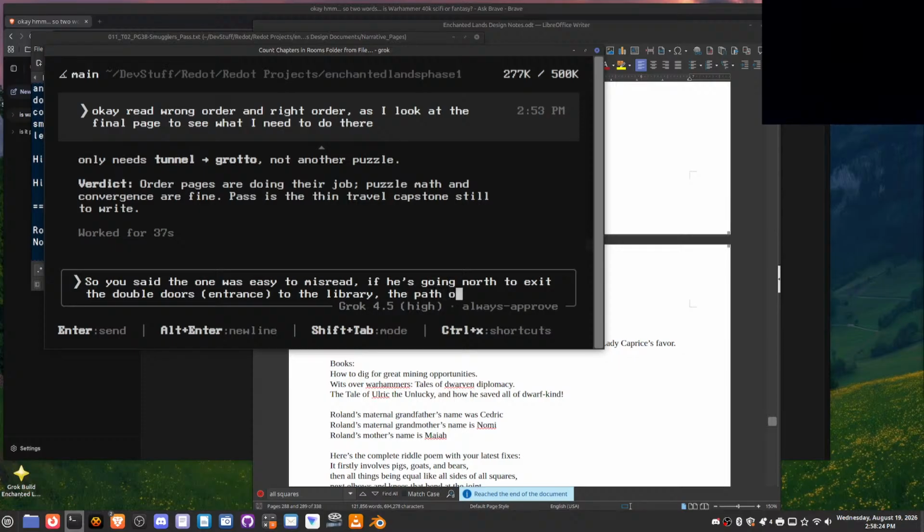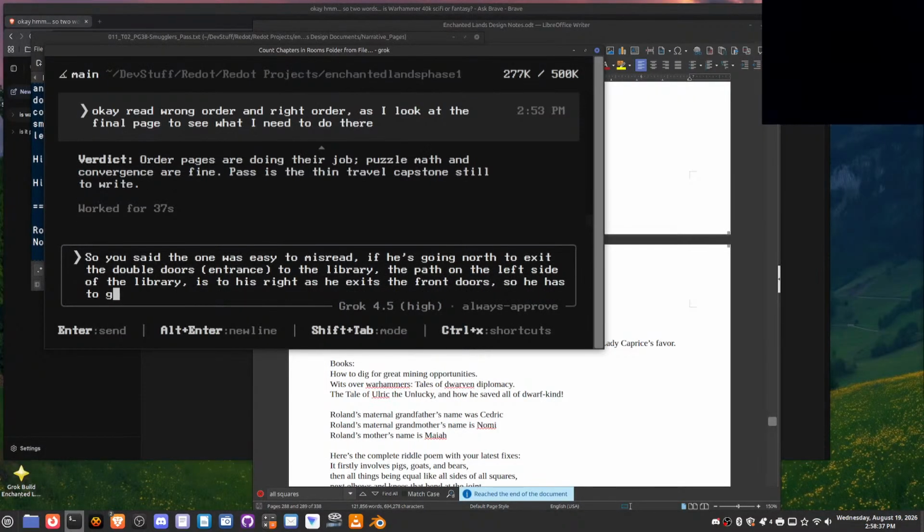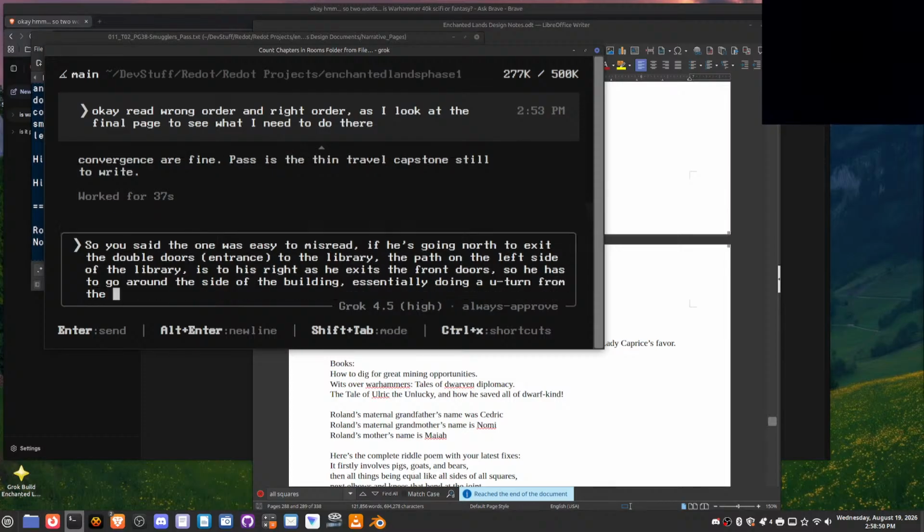The path on the left side of the library is to his right as he exits the front doors. So he has to go around the side of the building, essentially doing a U-turn from the front doors to the left-hand passage.